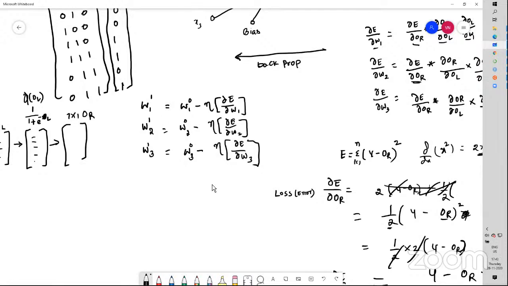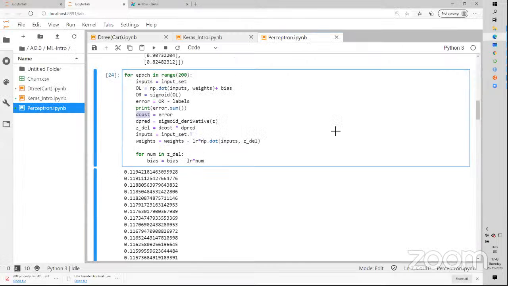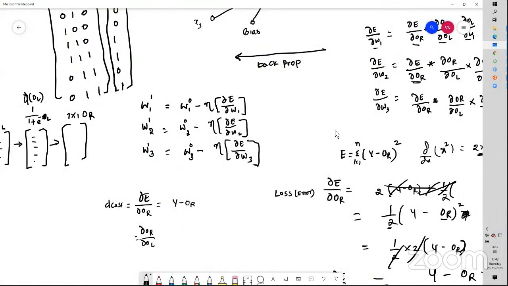So dou E by dou OR, and we are calling this dcost. Dcost is nothing but the difference between y minus OR. So this is my first derivative. The second derivative is dou OR divided by dou OL, which we are calling dpred.